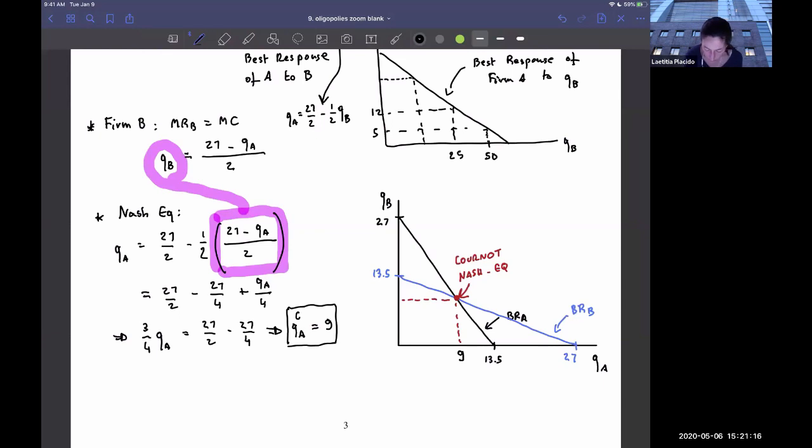So you simply plug QA into the best response function of firm B. QB in Cournot is 27/2 minus 1/2 times 9, and it gives you a quantity of 9.